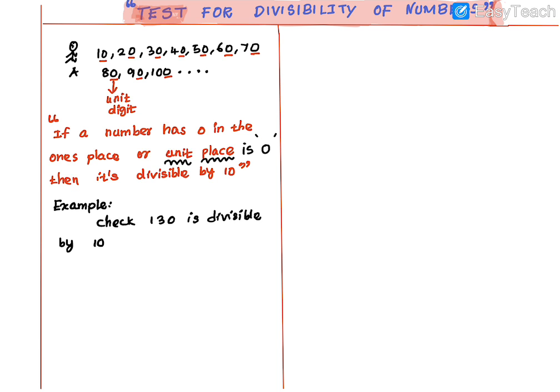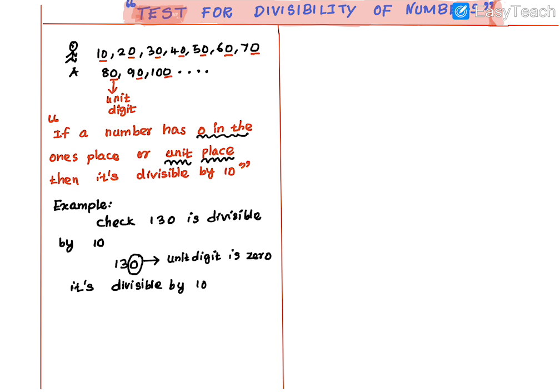The last digit of 130 is the unit digit, and the unit digit is 0, so it must be divisible by 10.